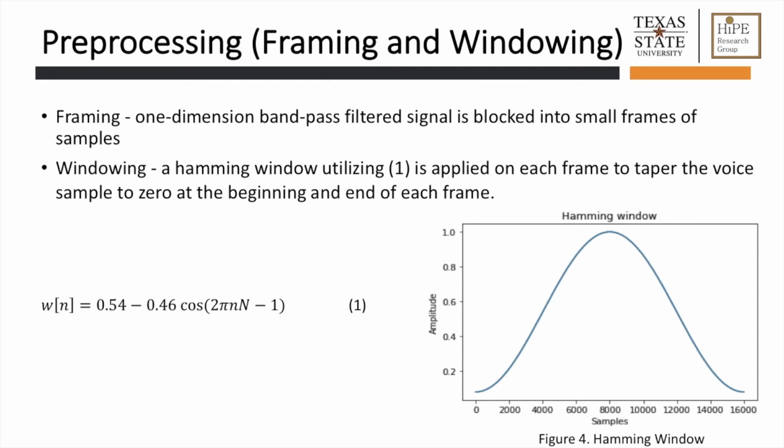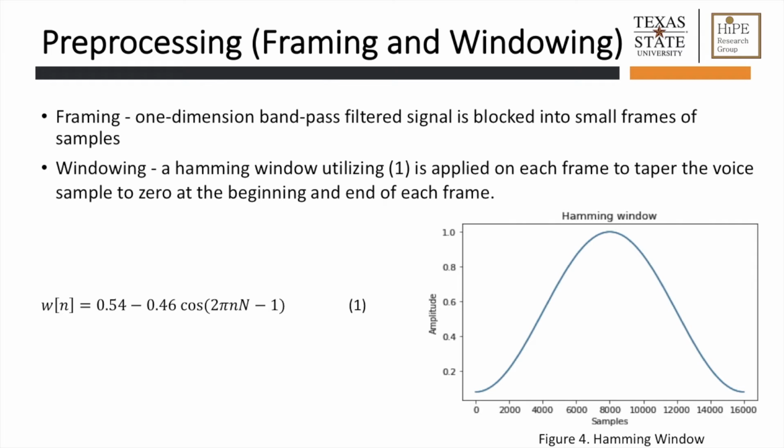When the bandpass filter is done, it is required to segment the audio file into different frames. This is done by framing. The one-dimensional bandpass filtered signal is blocked into small frames of samples. This is called framing.